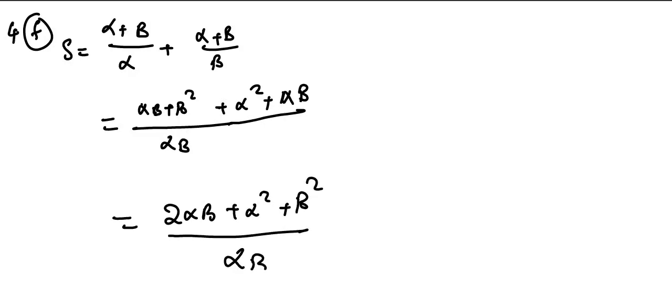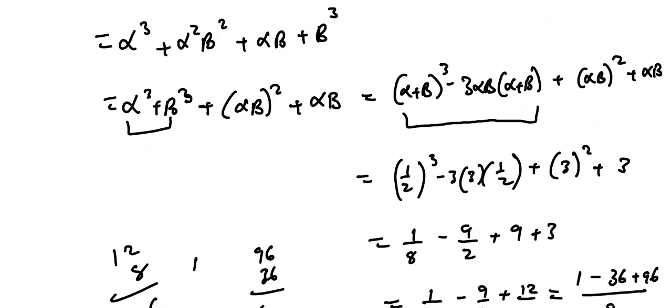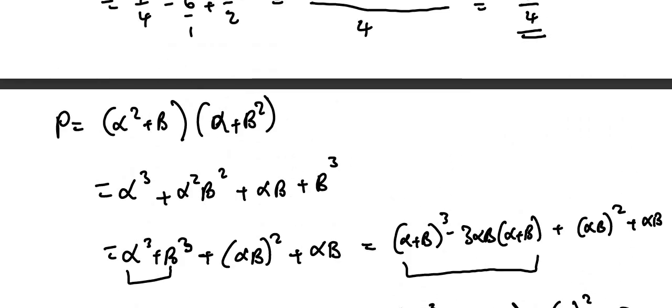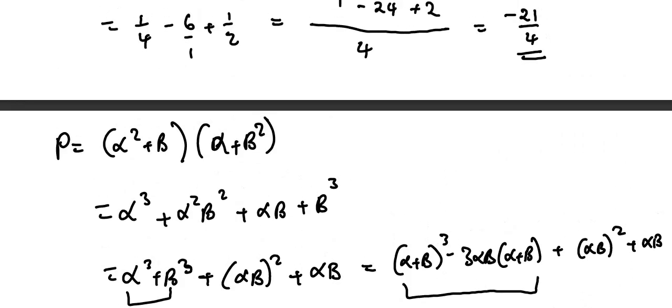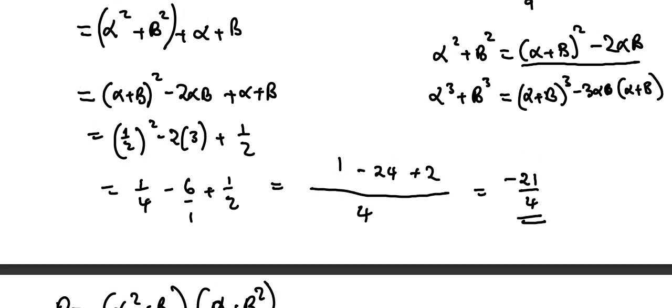Then you have alpha beta. Now we already know what alpha times beta is, simply 3. Then this alpha squared plus beta squared, we worked it out here. So alpha squared plus beta squared, it's simply this whole thing here. So it's just a quarter minus 6.